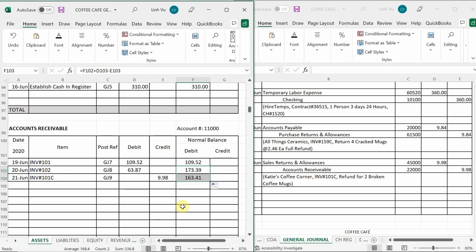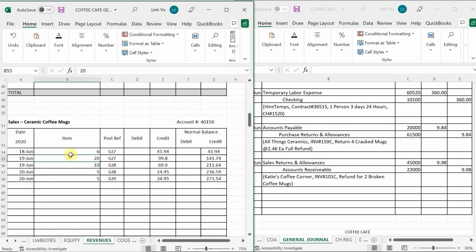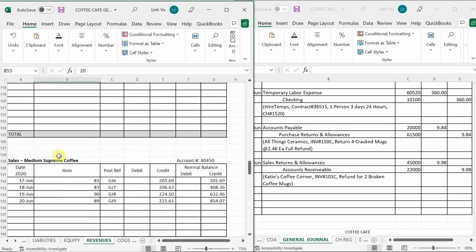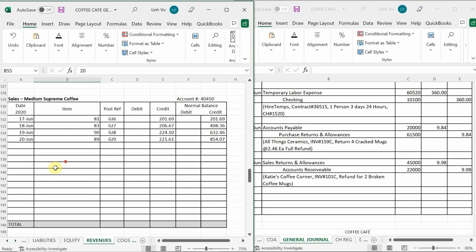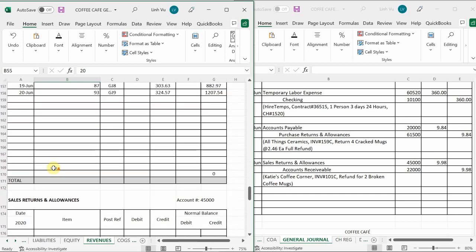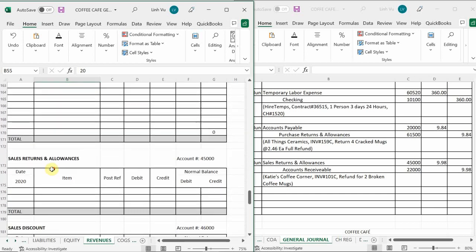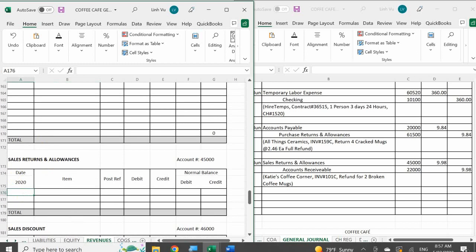Okay. And then we got to do a sales returns and allowances. So that's a contra account to our revenues here. Right? We sold and then now we returned. So in this case, let me locate sales returns and allowances.